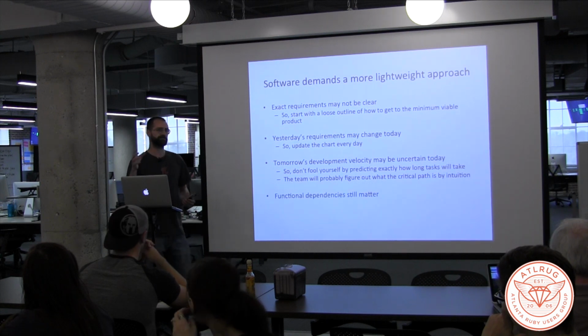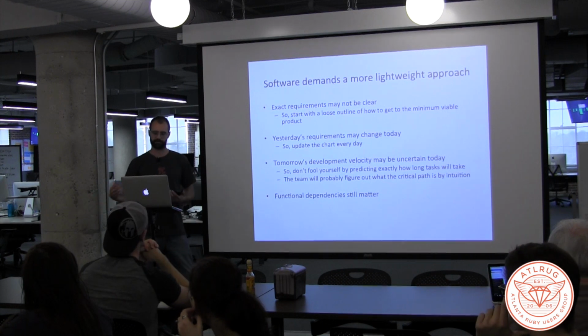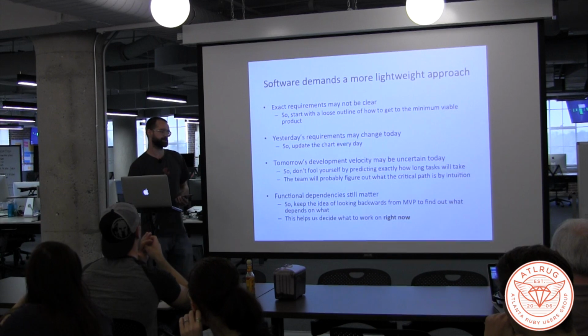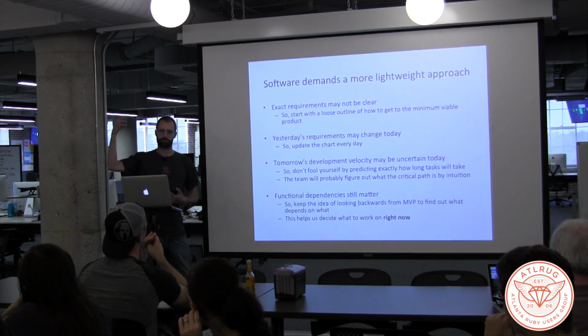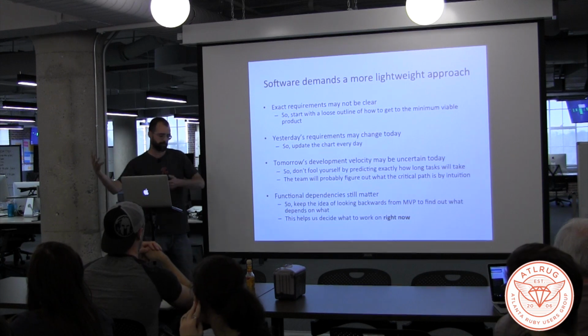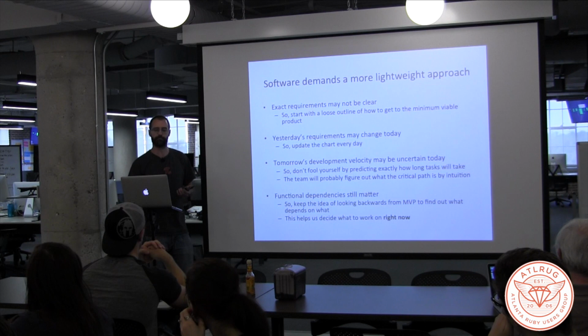But the notion of some things having to happen before others is very relevant for us. So we can still use this approach of thinking about our best idea of what the minimum viable product would look like, and plan backwards from that, and that can help us figure out what to do right now.